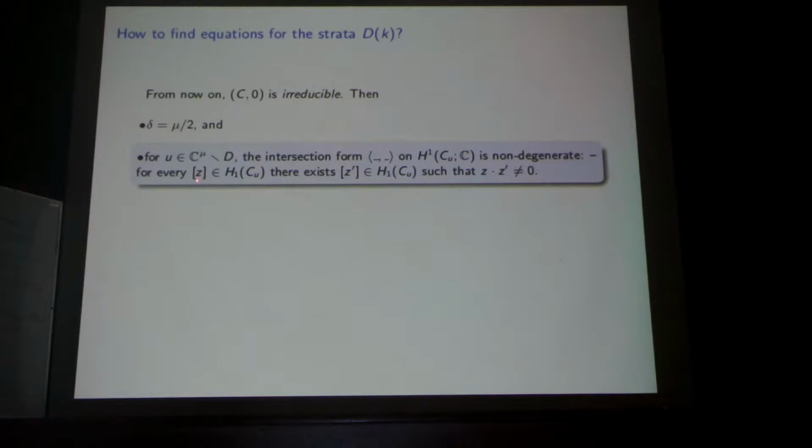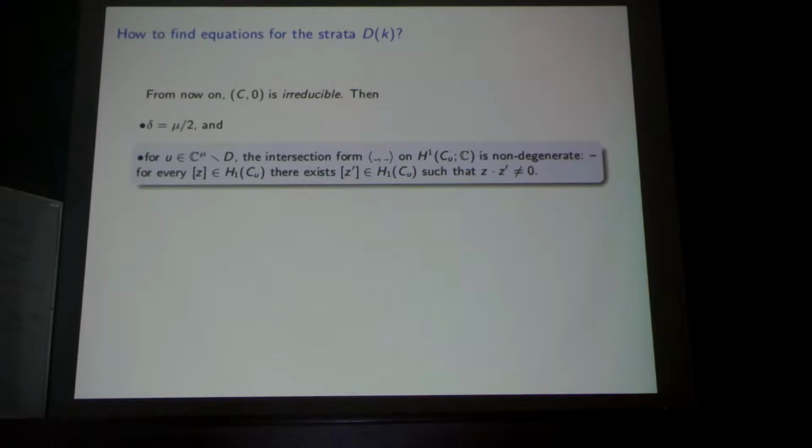If you have an irreducible plane curve singularity, then the Milnor fiber has got a single boundary component. And that means that for every homology class, there is another homology class meeting it with non-trivial intersection number. This is no longer true if there's more than one boundary component. If you have a curve with more than one boundary component, then the cycle which simply goes around one of the holes is a homology class which is not a boundary, because to be a boundary you have to take both ends.